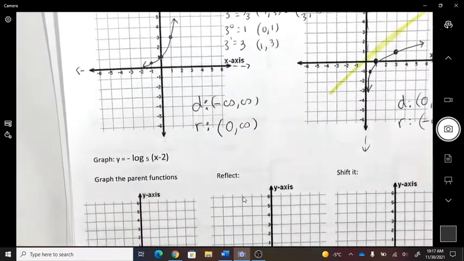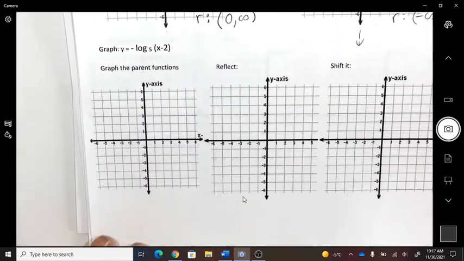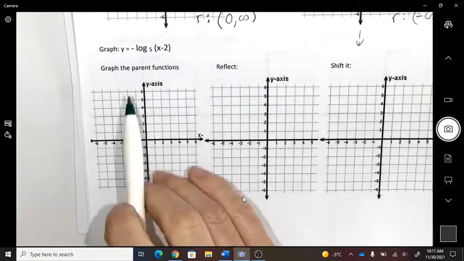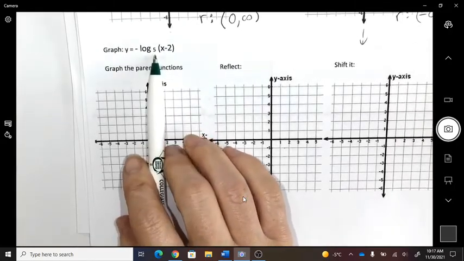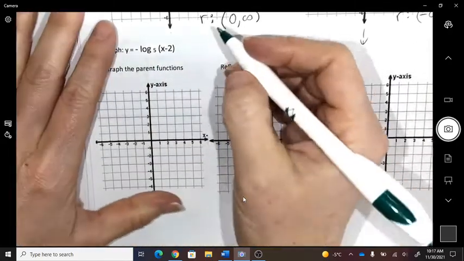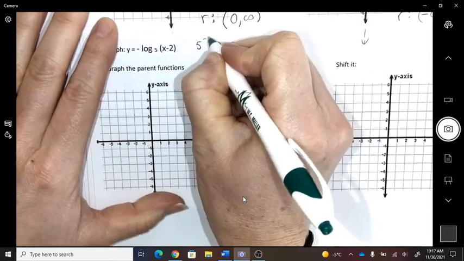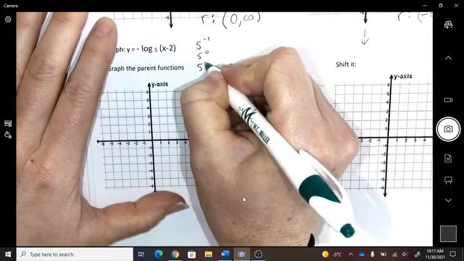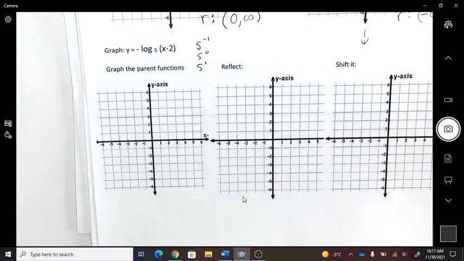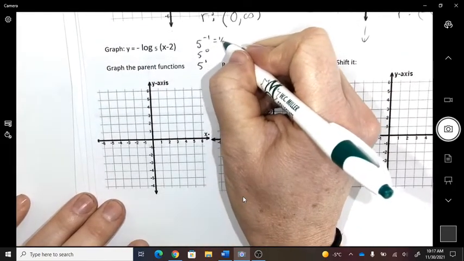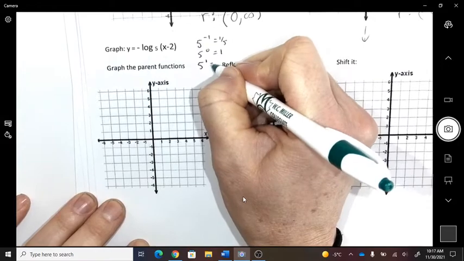Okay, let's graph this. Okay, so the base is 5. So let's go 5 to the -1, 5 to the 0, 5 to the 1. Okay, so this is 1/5, this is 1, this is 5.